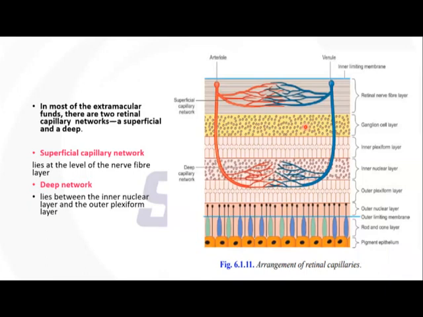In most of the extramacular fundus, there are two retinal capillary networks, that is superficial and deep. The superficial lies at the level of the nerve fiber layer. We can see this is the superficial capillary network, and the deep network lies between the inner nuclear layer and the outer plexiform layer.